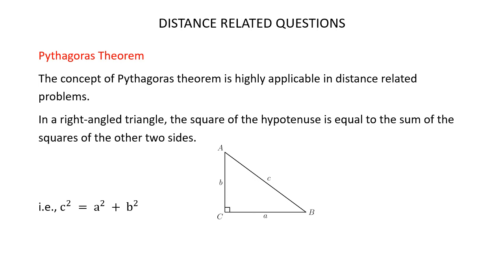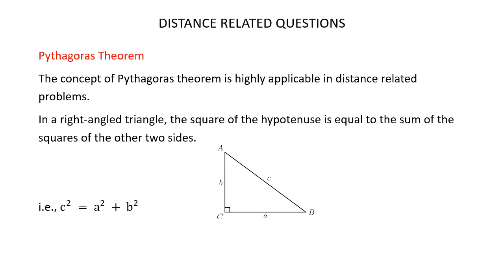Now supposing ACB is a right angled triangle with angle C as 90 degrees. Then AB is the hypotenuse. AC and CB are the other two sides.